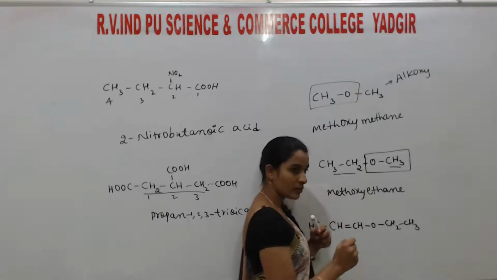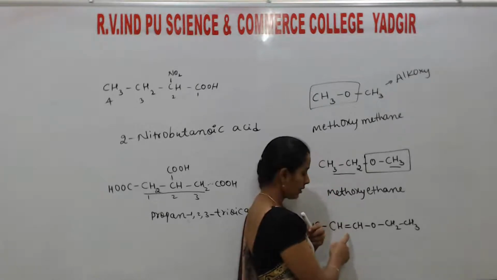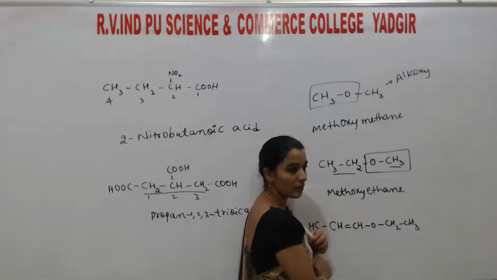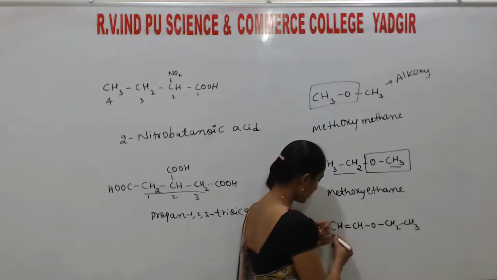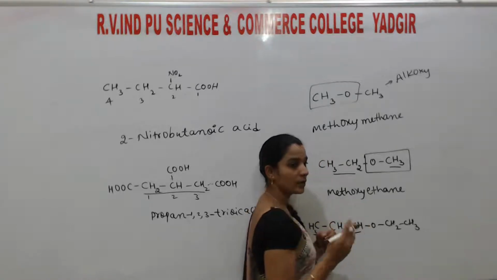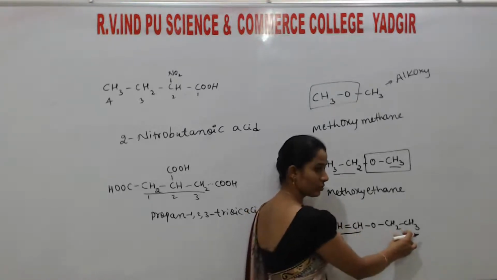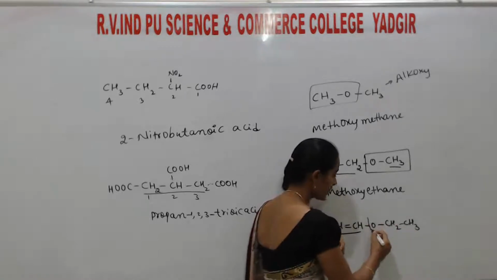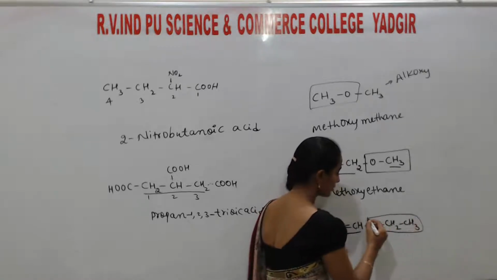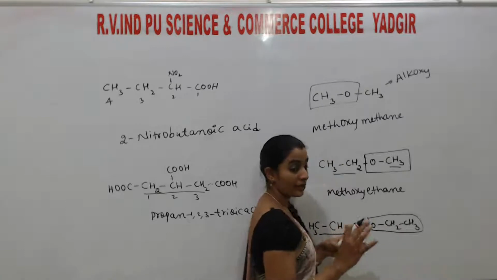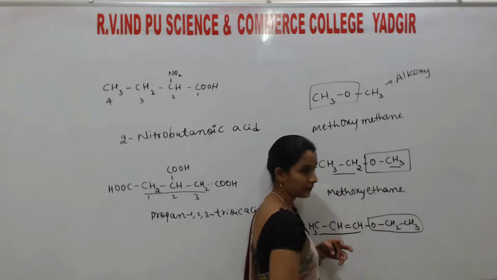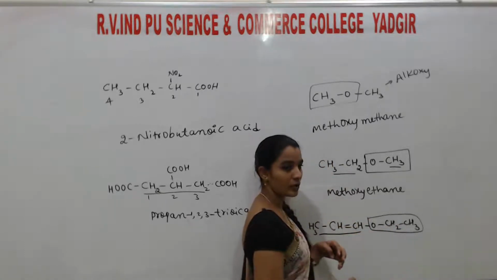And at the same time, this is the parent chain with the maximum number of carbon atoms. Understand? This is the parent chain with the maximum, 3 carbon atoms. Here only 2. Then this becomes the substituent, ethoxy.